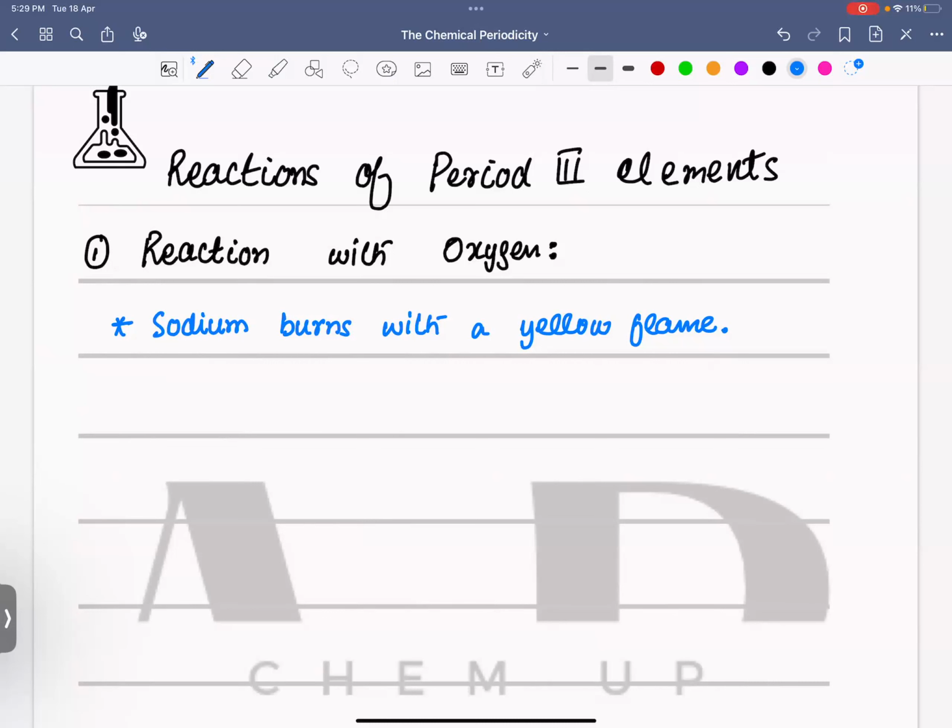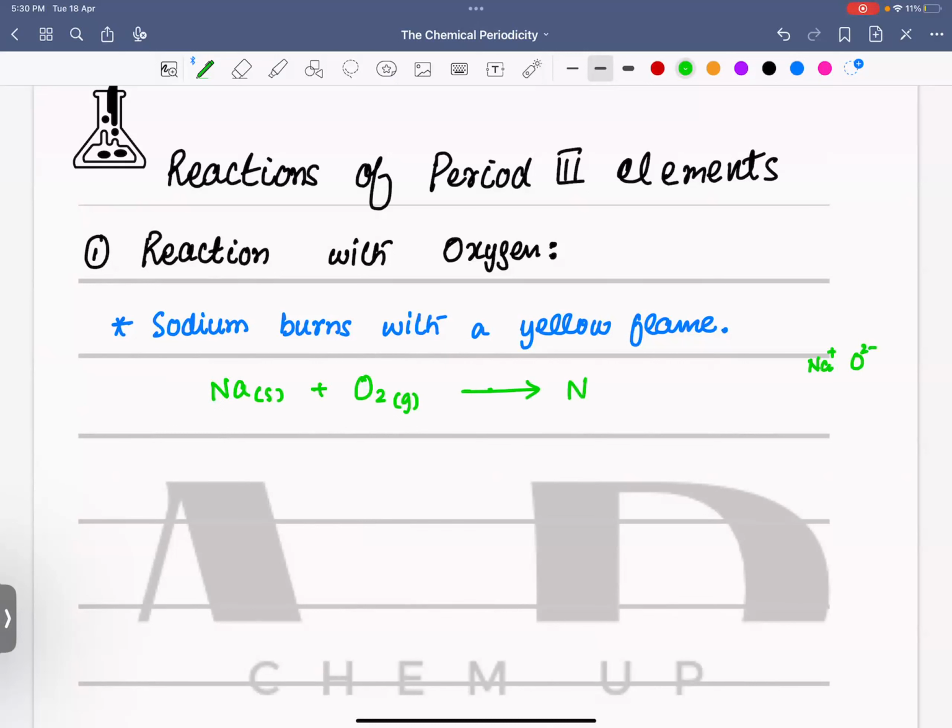Okay. So what would happen over here? Let's see, this is a sodium metal. When it comes in contact with the oxygen gas, the reaction starts happening. And if you recall, sodium is in group 1, so +1 charge, and oxygen is group 6, so -2 charge.